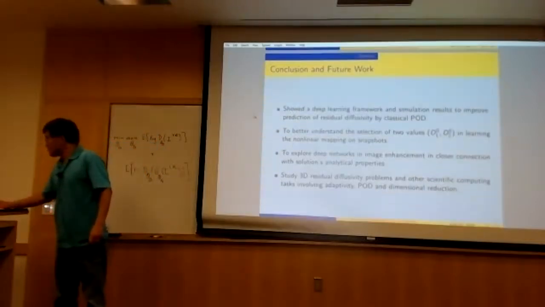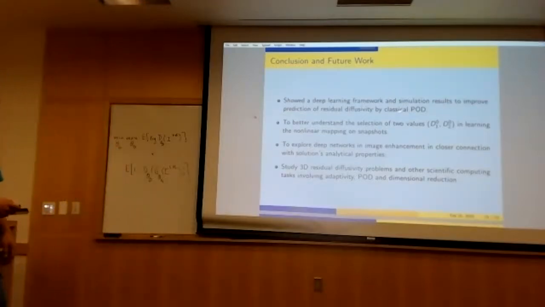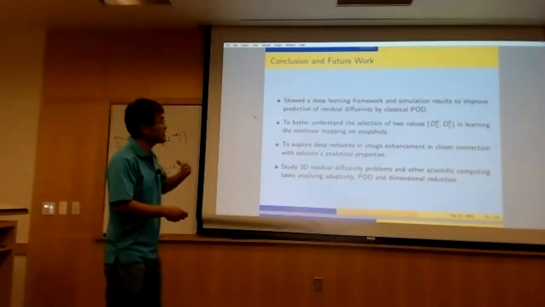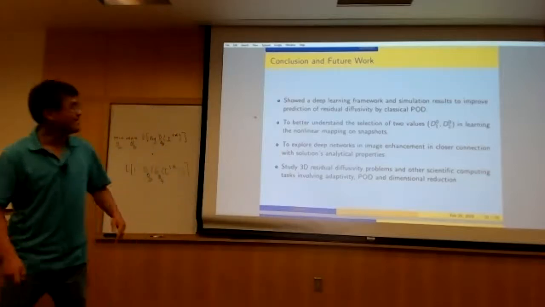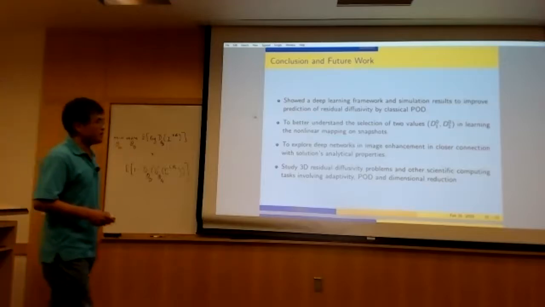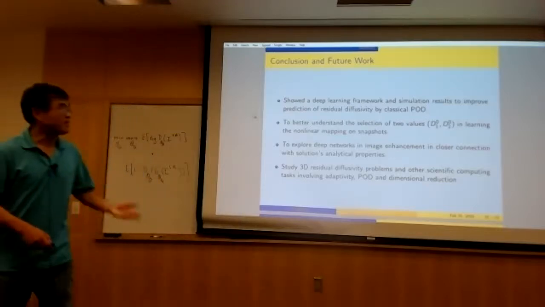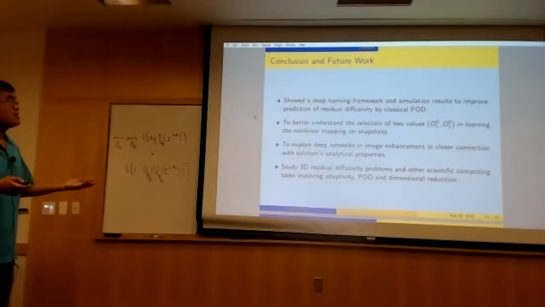Okay, so that's the sort of conclusion. I showed you a deep learning framework to improve the classical, the good old POD, and improve the prediction. However, there's a lot to be understood. For example, how to select the two values optimally to learn the nonlinear mapping.